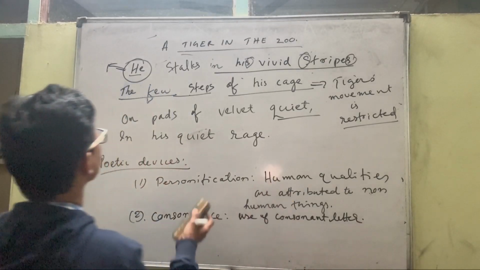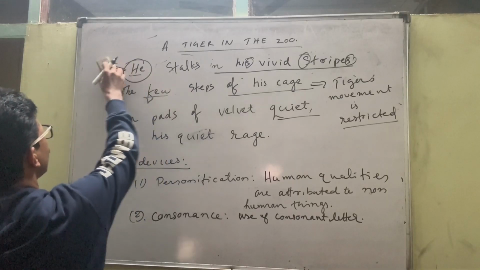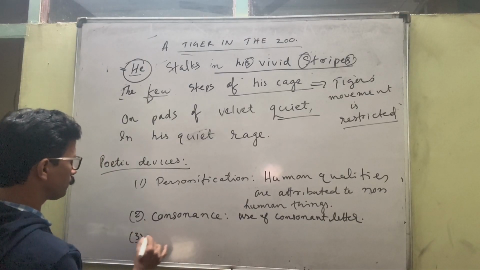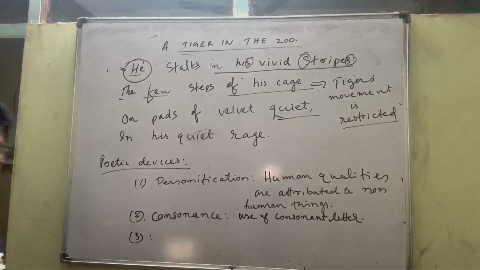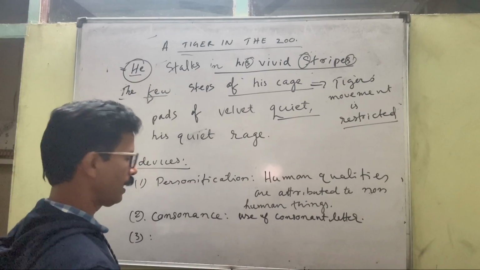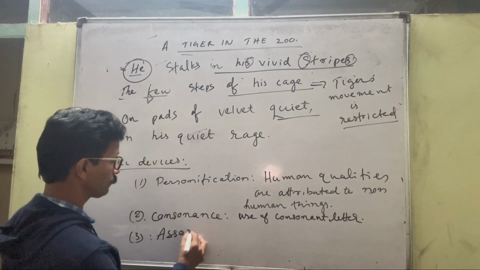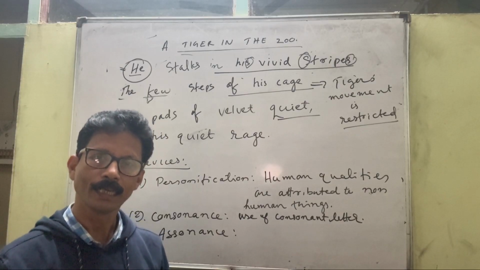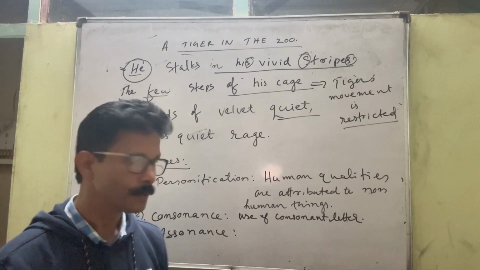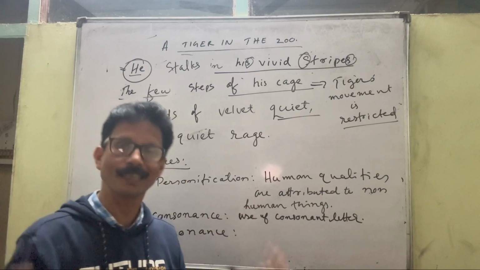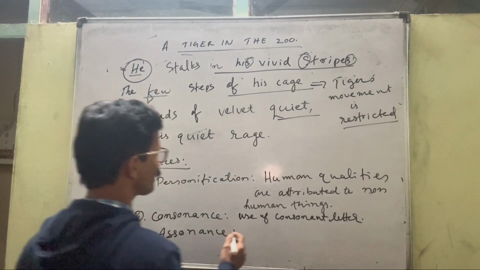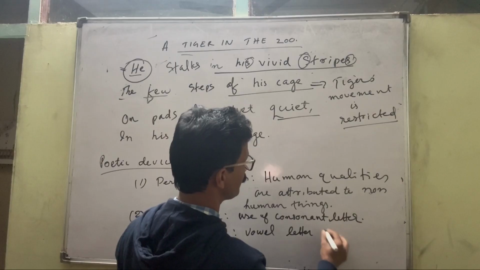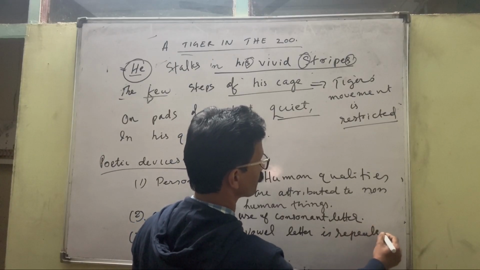And then you have another one. The third poetic device used in the poem is assonance. What is assonance? Here also there is repetition of the same letter, but here it is not the consonant letter. Here it is vowels. That means the same vowel letter is repeated several times.